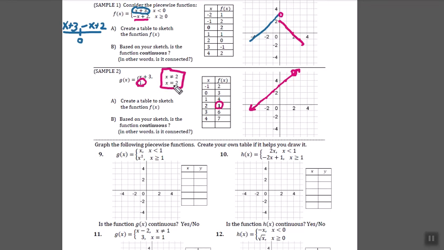However, when x is 2, the y-coordinate is 1. So this part right here is just a little dot. So this graph here has an open circle at 2, comma, well, it looks like it's going to be a 5. It's trying to be a 5. But then at 2, 1, we've got a dot going on for this part here. And again, is this connected? No, this is not connected because we can't draw this entire function without lifting up our pencil.